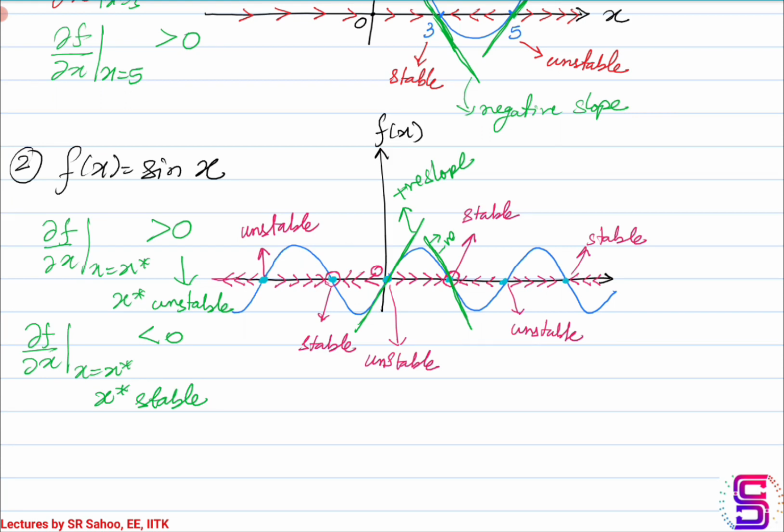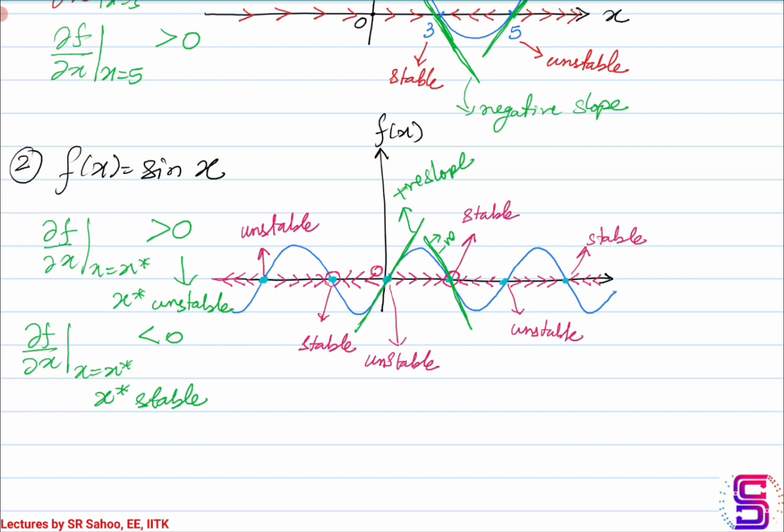So if you are given a one dimensional system, and you calculate the equilibrium points, without even plotting the vector field, you just compute del f by del x and evaluate the value at the equilibrium point that you have, and what you essentially will get is a value whose sign will indicate whether the equilibrium point is stable or unstable.